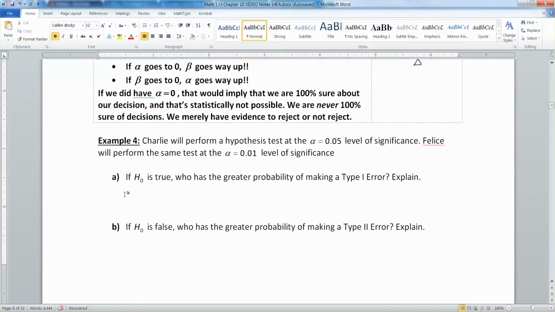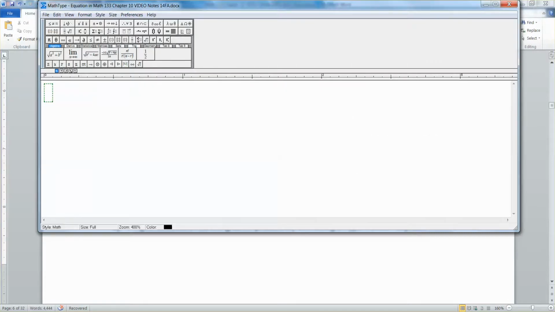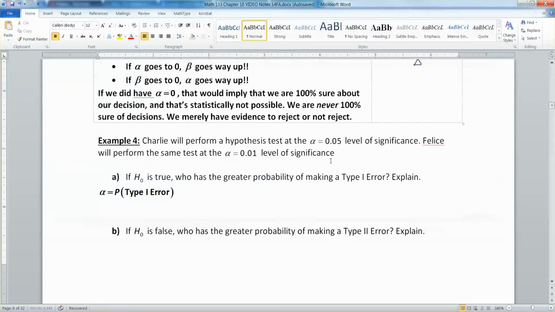Well, remember that the probability of making a type 1 error is alpha. That's what alpha is. So all we have to know is who has the larger alpha, and that would be Charlie. Charlie has an alpha of 0.05.